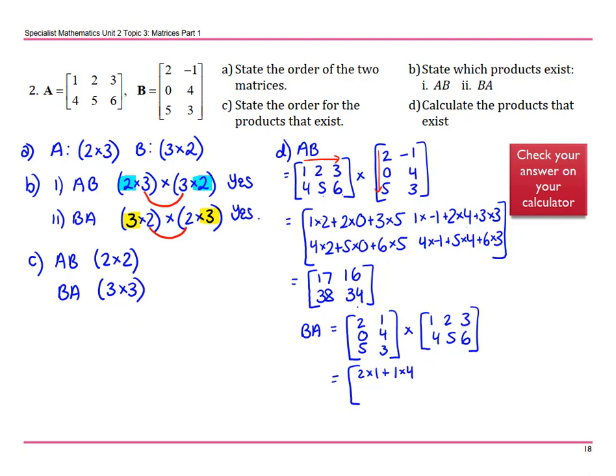Move across. So you're going across the row and then down each column. So we've got 2 times 2 plus 1 times 5. Then we've got 2 times 3 plus 1 times 6.